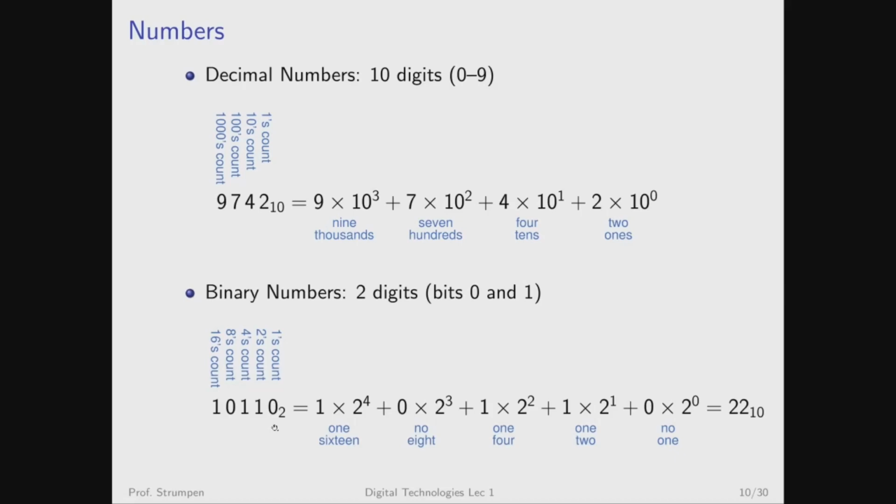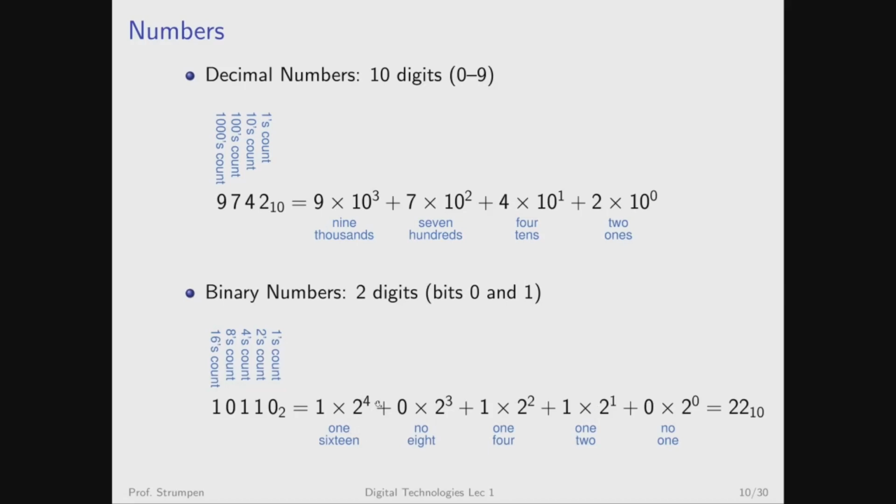Binary numbers, however, have only 2 digits, the bits 0 and 1. The rightmost 0 in this example counts ones, the next one twos, the third one fours, eights, 16s, and so on, because these are the positions raised to the power of 2.